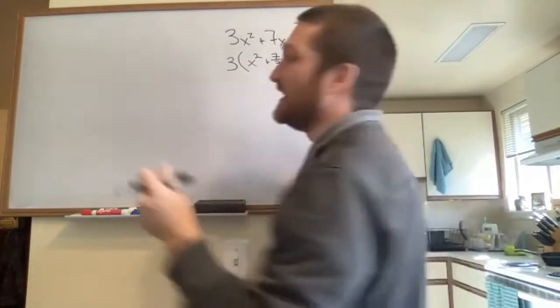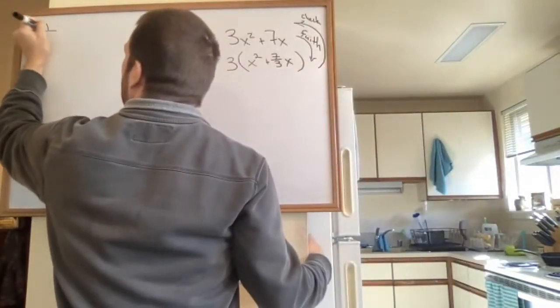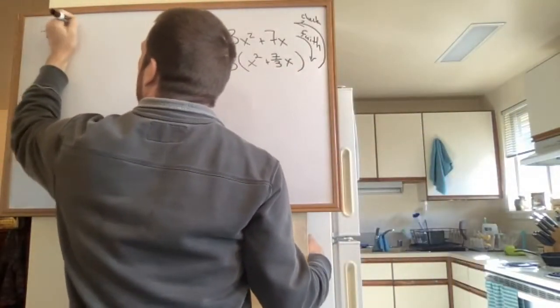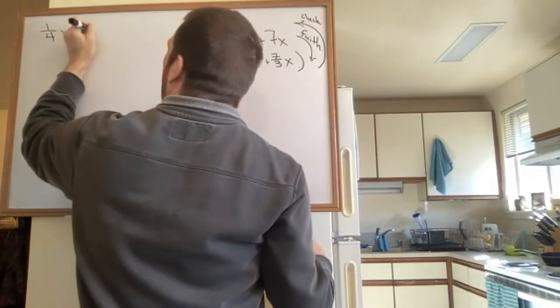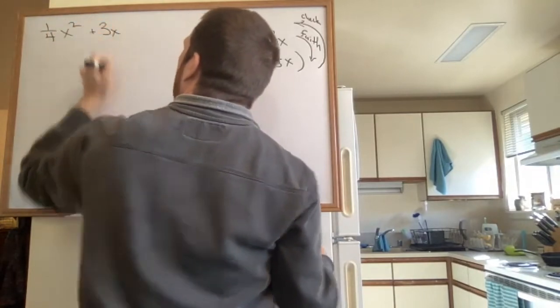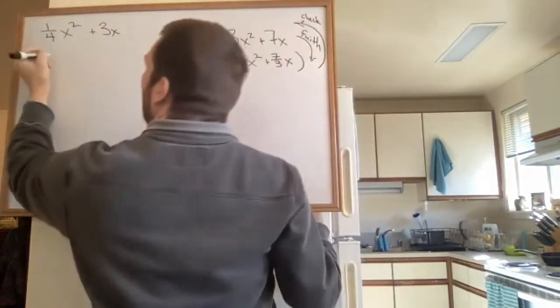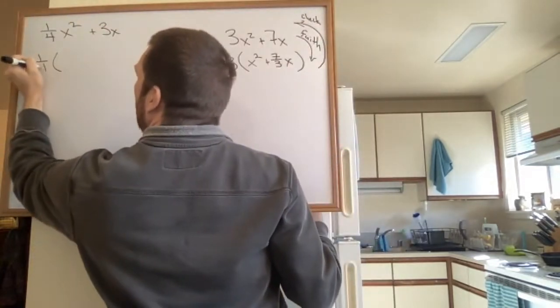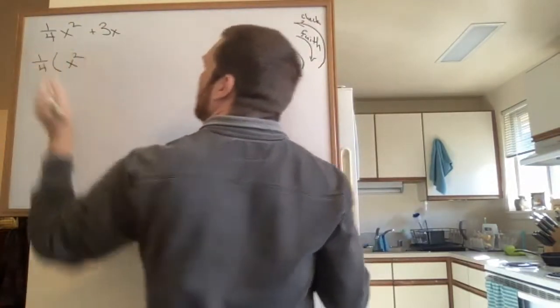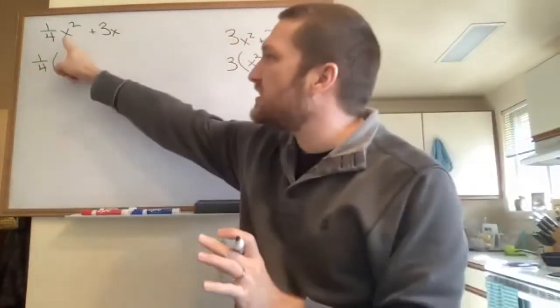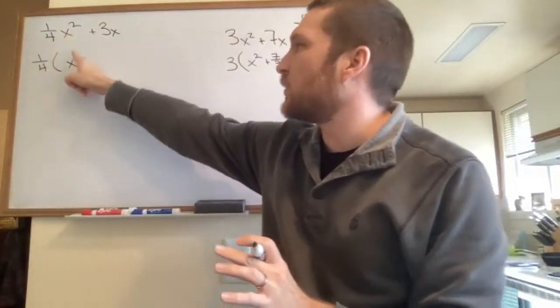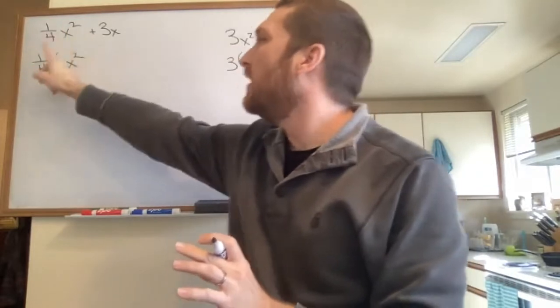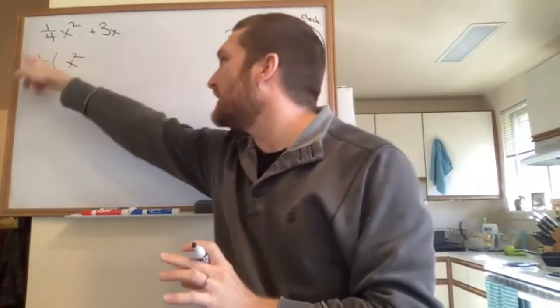For instance, here's an example. Let's say we have 1/4 x squared, and let's go plus 3x. And let's say I factored out a quarter, because that's going to be the game. We want to get that x by itself. That's what we're going to do every time. We're going to pull out whatever number that is.